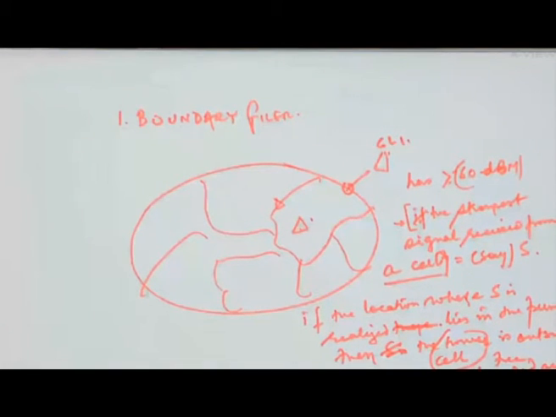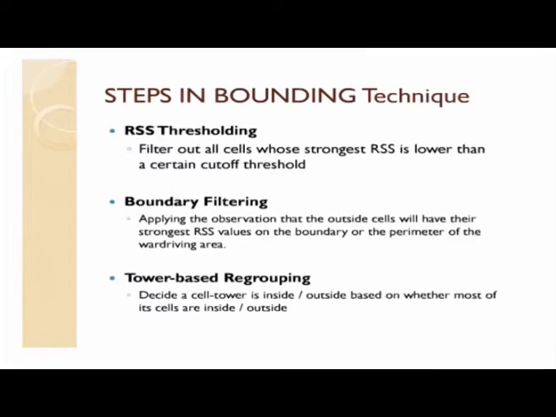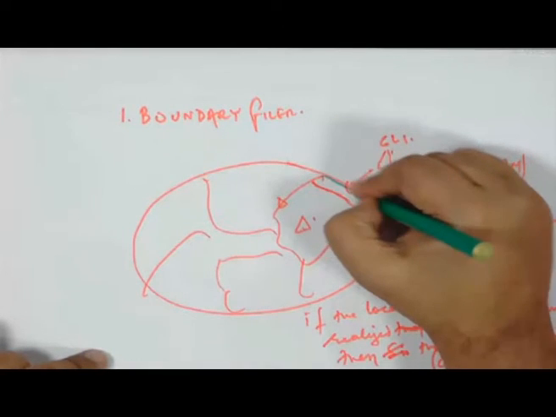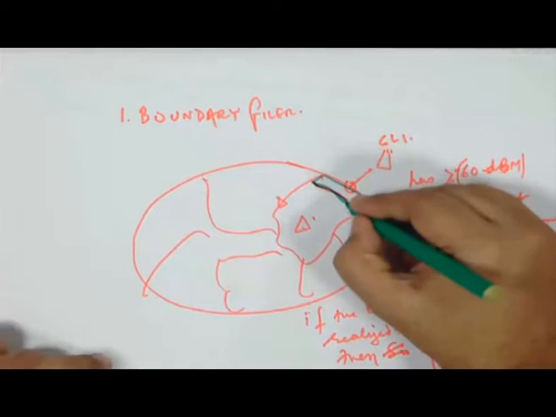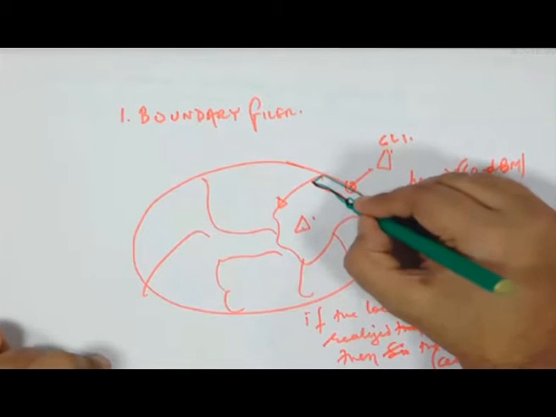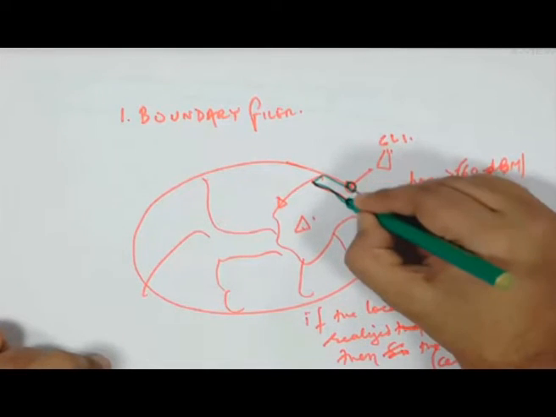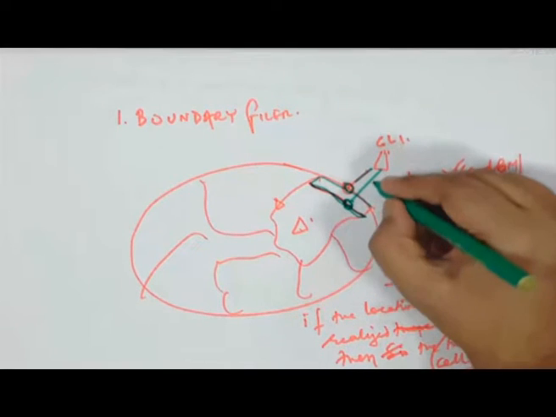But this, although a nice observation, still has problems, because again, there may be a road like this. So there may be the perimeter road and there may be a parallel road very near to the perimeter, and I am driving and collecting signal here. So I have collected signal here and I have collected signal here.